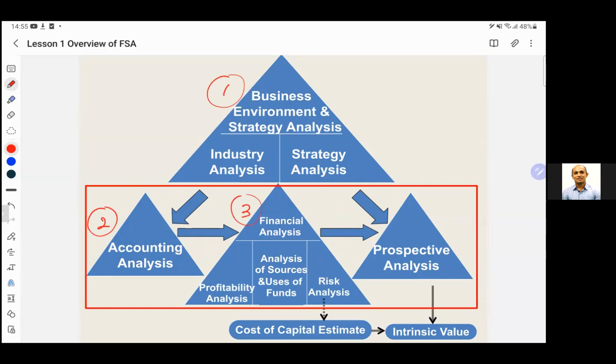In the accounting analysis, you try to make the financial statements suitable for the analysis. Once the financial statements are ready, then you can do the financial analysis. After that, if you need, you can do the forecasting.